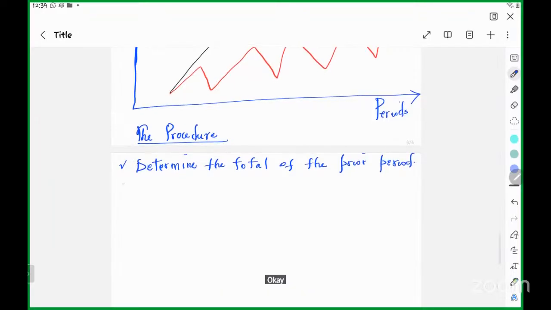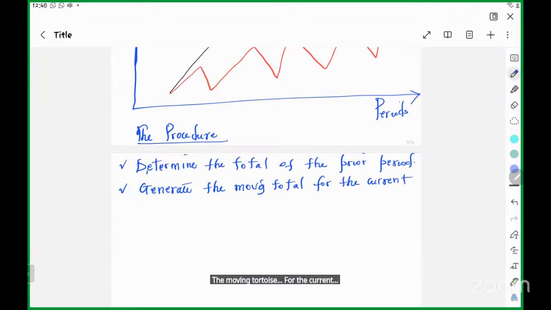Then generate the moving totals for the current period. How they are generated. Do I need to explain that? I'll show it here.